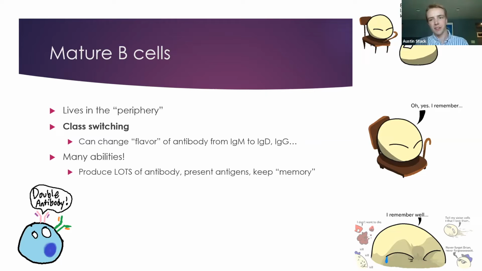So here is a more immature B cell asking its elder, do you remember that last infection and how we kicked their butt? And the B cell does remember, and he remembers it well. And it's a bit traumatizing because whenever these B cells do fight infections, they end up causing a lot of damage to other things. The immune response is like a war. There is collateral damage all the time.